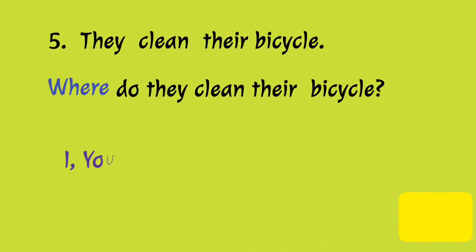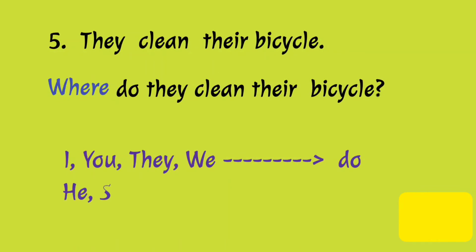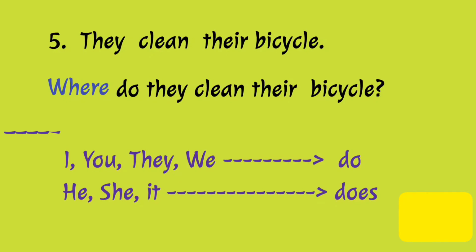Now for they, we have to use the auxiliary verb do for the simple present tense. So the question will be where plus do plus subject. Where do they clean their bicycle? Well, here I remind you of the auxiliary verbs that we can use. So when can we use do and when can we use does?